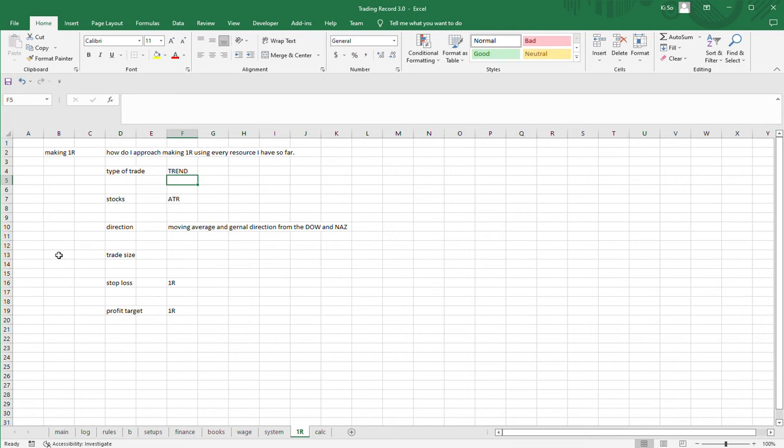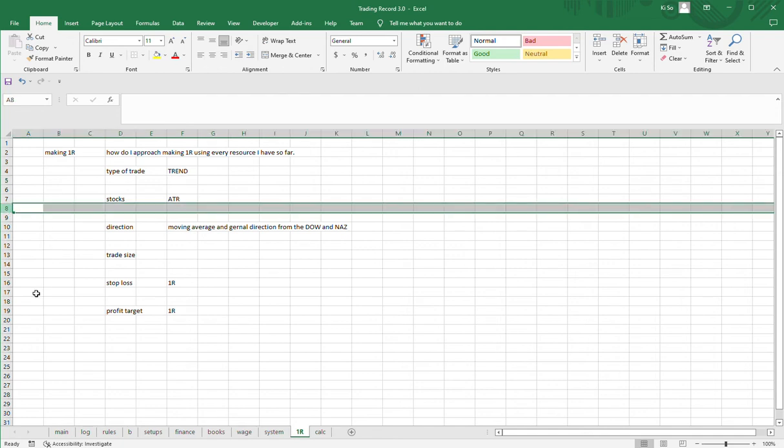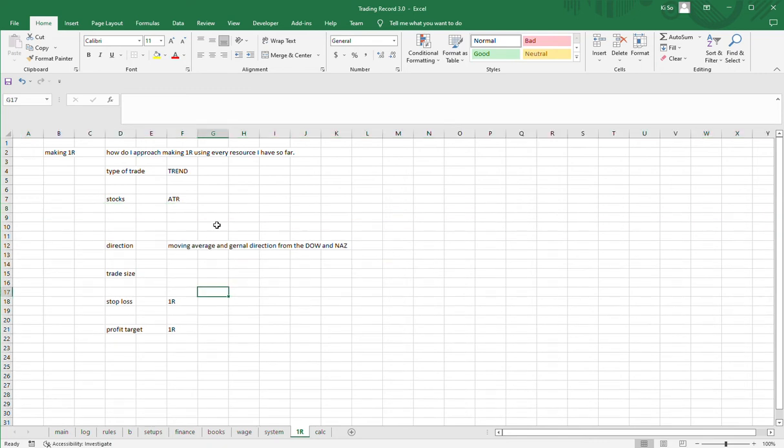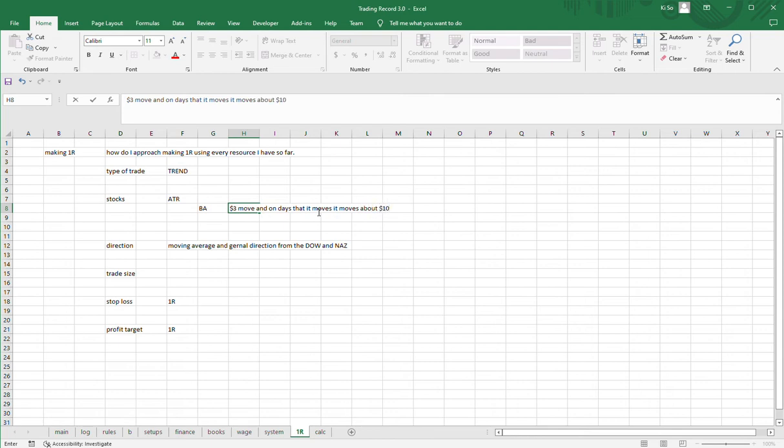The average trading range is going to vary based on the price of the stock and volatility. So I can look at Boeing, which has a typical movement of about a $3 move, and on days that it moves more, about $10.